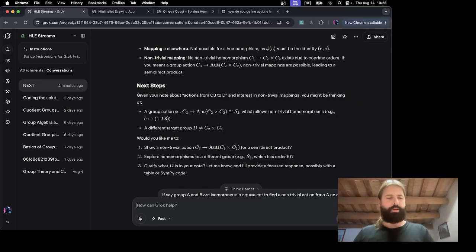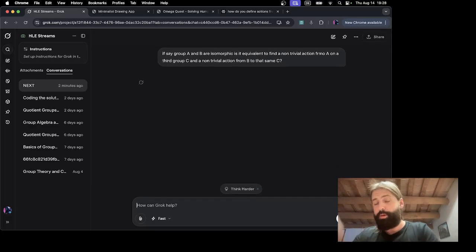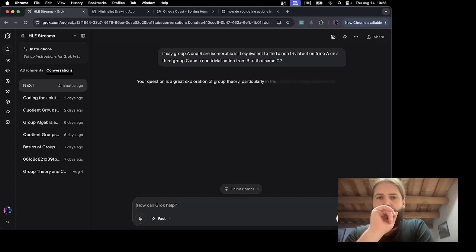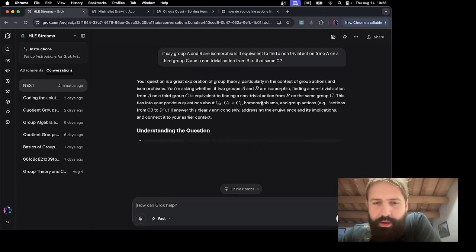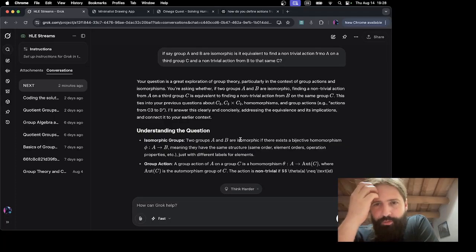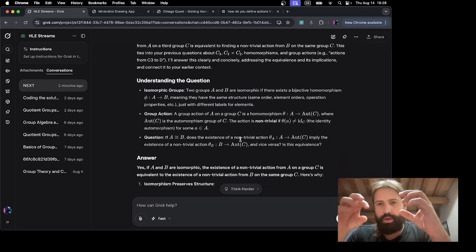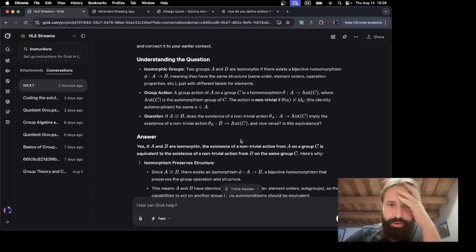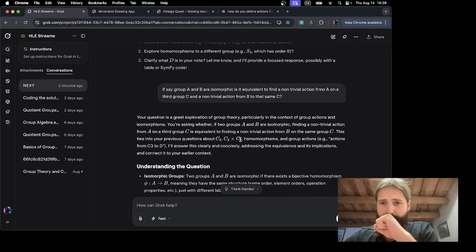Because then why do you even give this information on purpose? Maybe to trick the AI, right? So my question is, if we have two isomorphic groups, is it equivalent to find an isomorphism, to find a mapping, to find an action, right?